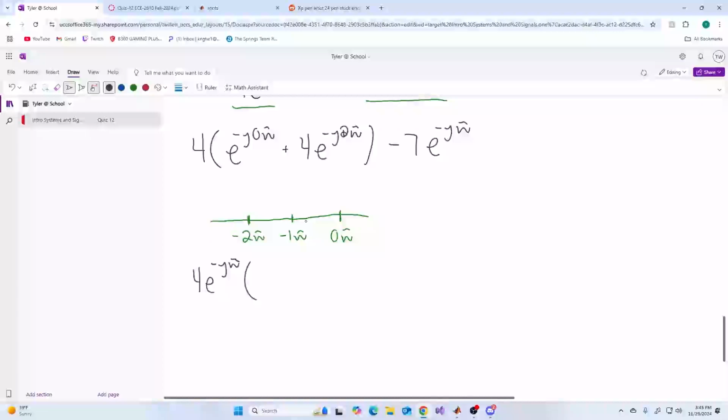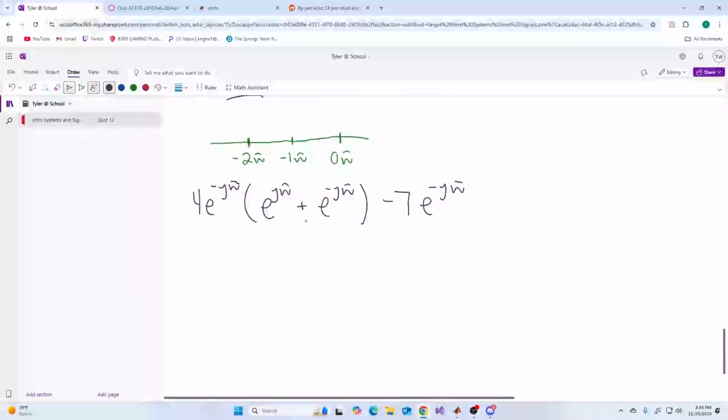What this does is, now for this one up here, I'm going to have e to the j w hat plus, sorry, this needs to go away. I didn't catch this. I pulled a 4 out of here, so I don't have it anymore. Plus e to the negative j w hat minus 7e to the negative j w hat.